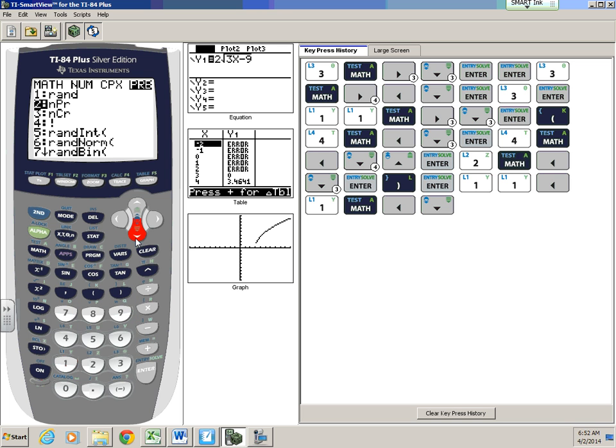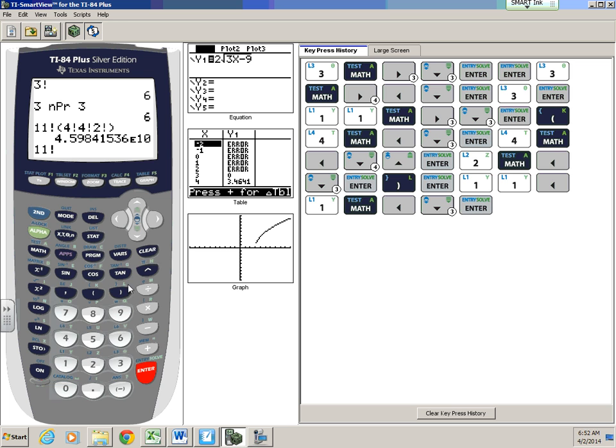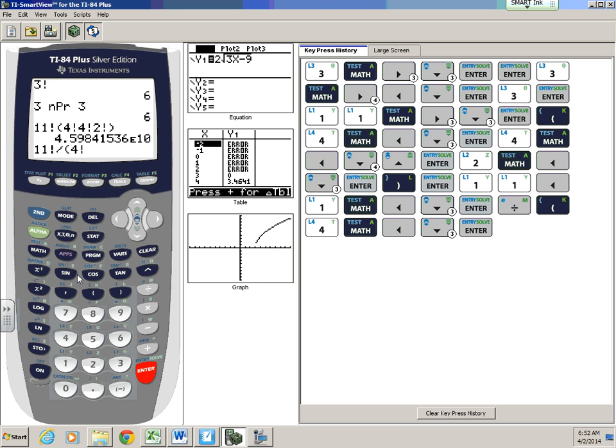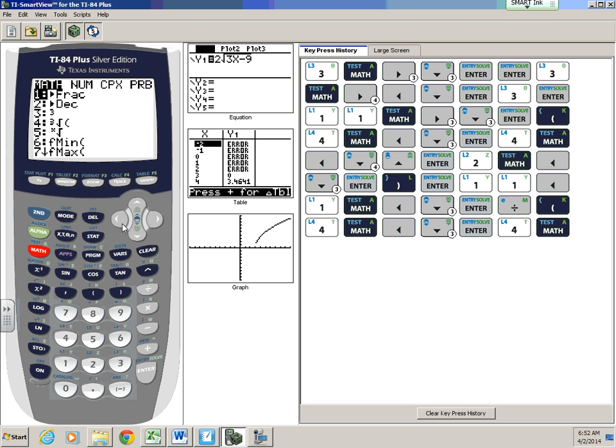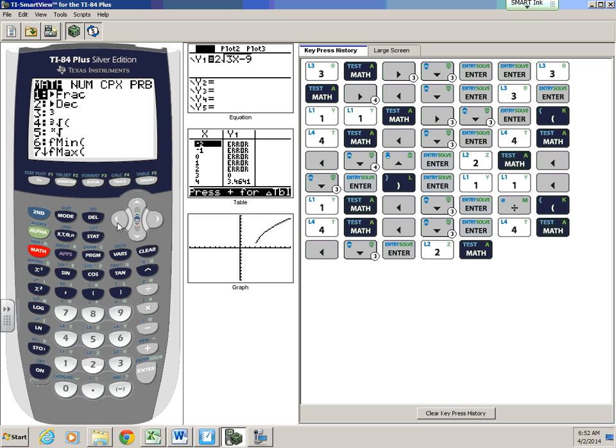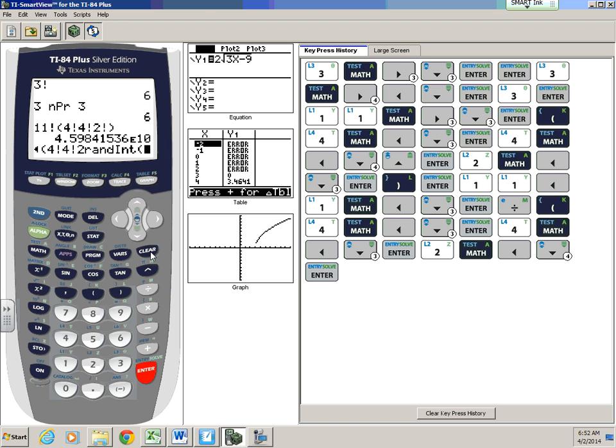Because I want to make sure you see how you get the correct answer. 11 factorial divided by, parentheses, 4 factorial, 4 factorial, and 2 factorial.